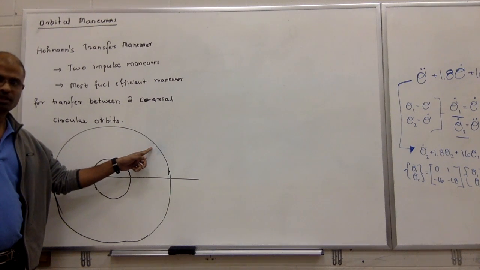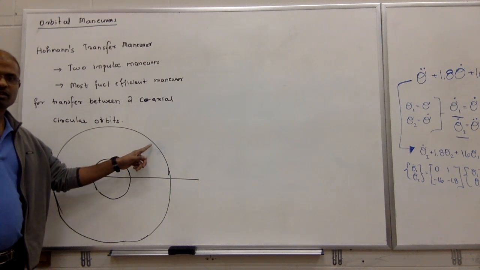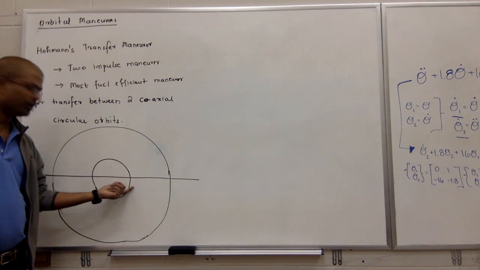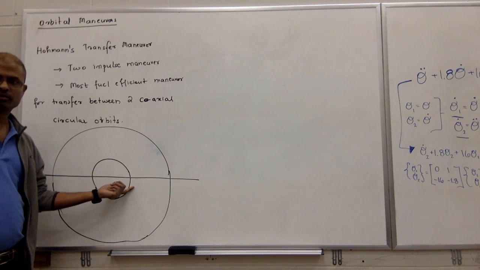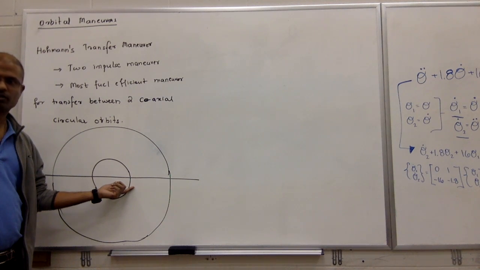Yeah, perigee radius. This is a 10,000 kilometer orbit. So it's 10,000 plus 6378. Okay, that is the radius of the orbit. This will be, let's say, a 300 kilometer or 400 kilometer orbit. What is the perigee radius for this? 6378 plus that 300 or 400.